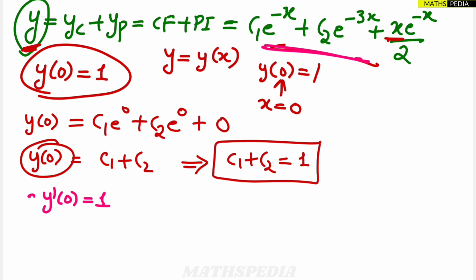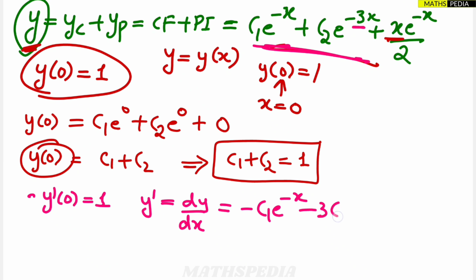So y dash, which is nothing but dy by dx, will become, differentiating: c1 e power minus x differentiates to minus 1 into c1 e power minus x, plus, now here minus 3 is there, so minus 3 c2 e power minus 3x.